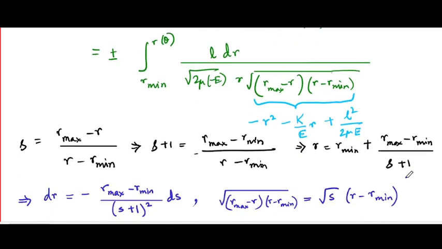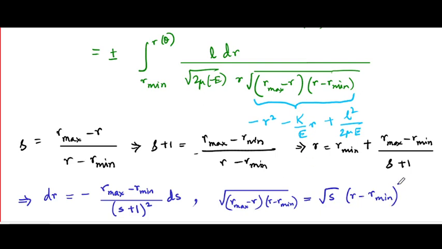So this of course gives us dr is negative of r max minus r min by s plus 1 whole squared ds, and allows us to replace the square root here by root s, that's of course r max minus r by r minus r min, times r minus r min.